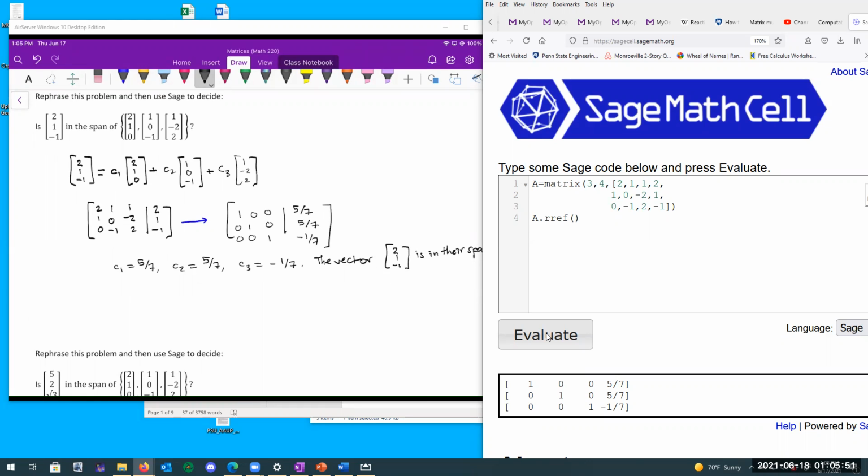Okay, and I'd like you to take a quick look at the matrix here. And I'd like you to think, is it possible to have solutions that don't exist with this starting matrix?